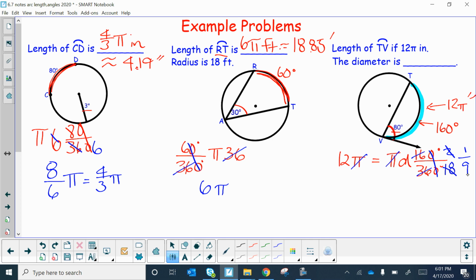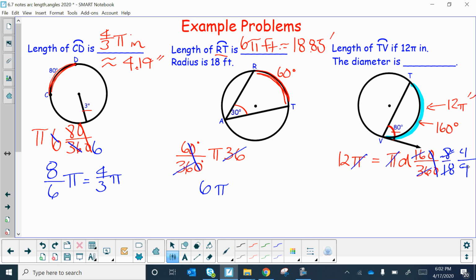No, that's not right. I did it wrong. Let me go back and erase this. Let's try this again. So 2 goes into 16 8 times, and 2 goes into 36 18 times. And then that reduces again to 4 and 9. There we go.